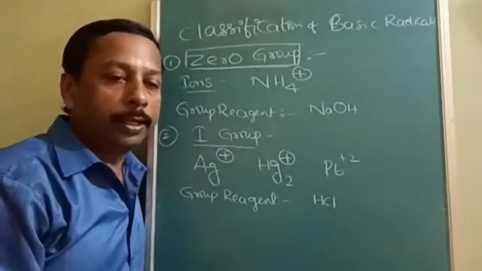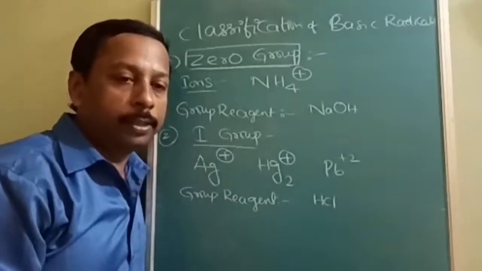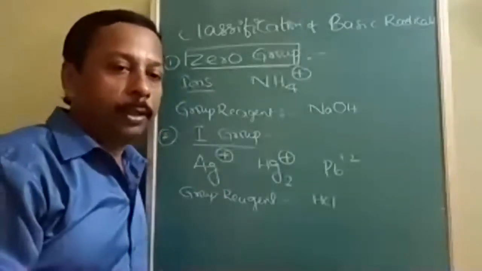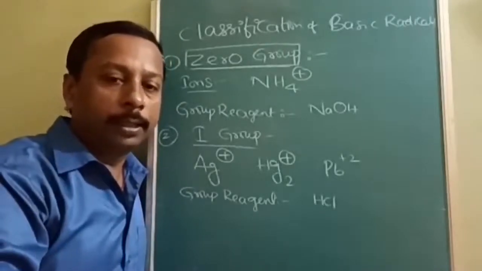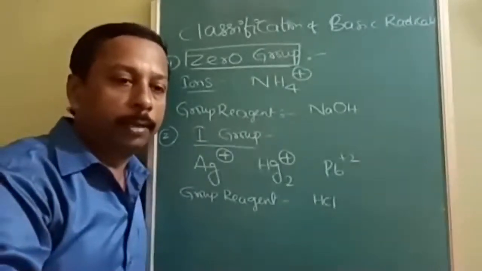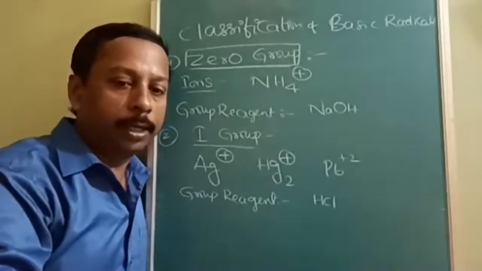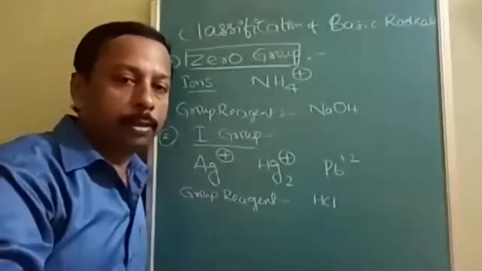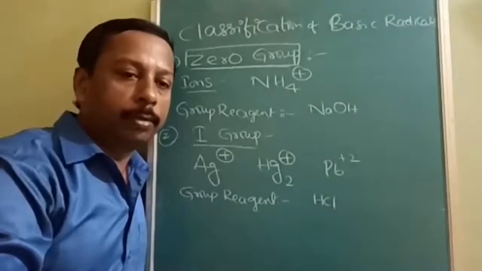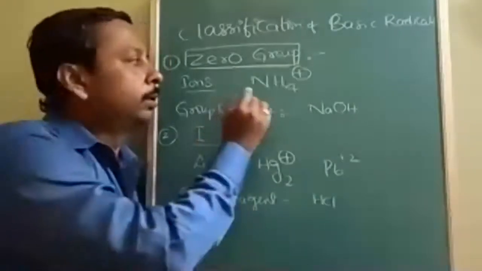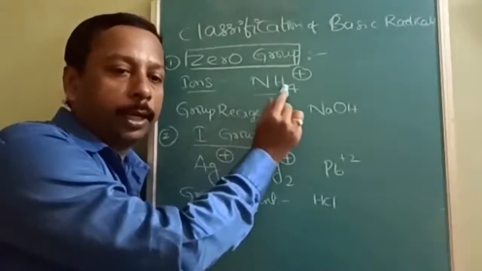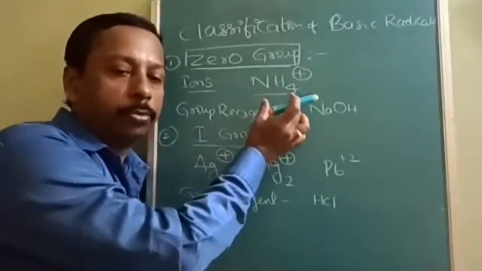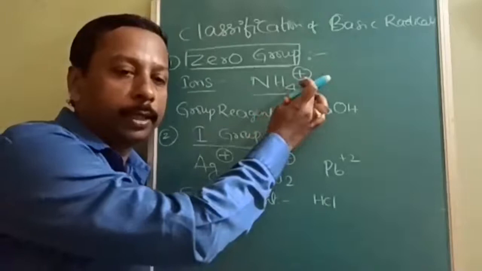The first group is the zero group, and it contains only one ion, which is a non-metal. Why is it kept as the zero group? Normally basic radicals contain metal ions, but this is the only group which contains non-metals. What is that? Ammonium ion: nitrogen is a non-metal, hydrogen is also a non-metal, so two non-metals are forming a cation.